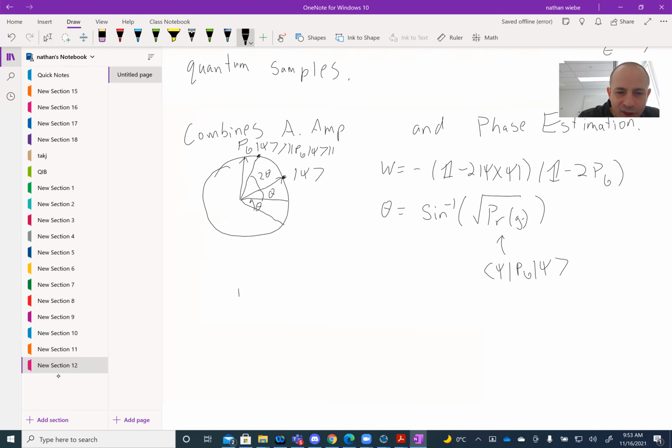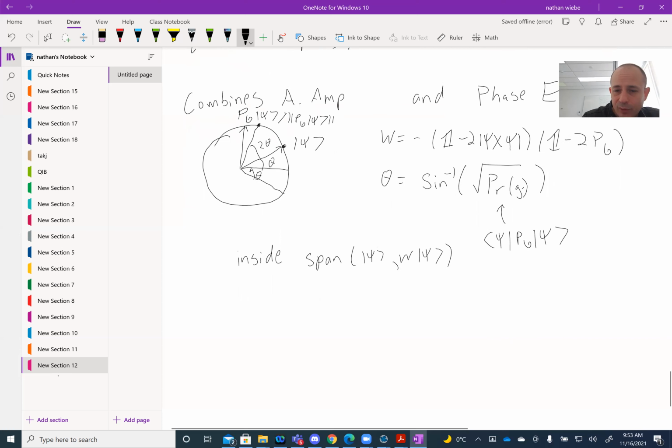So inside the span of psi and the walk operator acting on psi, the matrix that describes this rotation in the 2-dimensional space that we're interested in is W. I'll write this as a block matrix that is specifically inside this space spanned by psi and W psi.